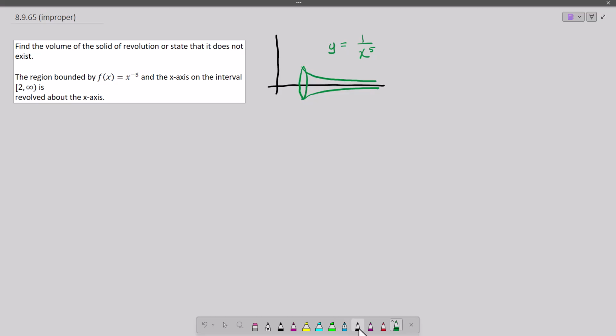Now, we are going to be using the disk method here. If we imagine a point on the x-axis, we are going to create these little disks in here. And we know that the area of a disk is pi r squared.